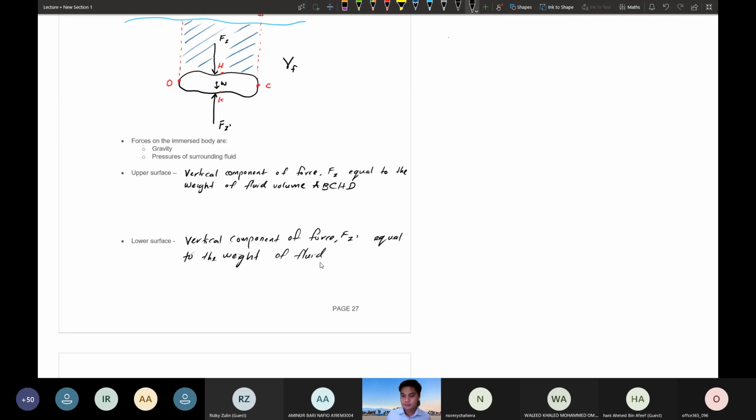Remember previously I taught you how to calculate the pressure at different elevation. So how to get this pressure? What's the value here? Okay. How to get the Fz prime?